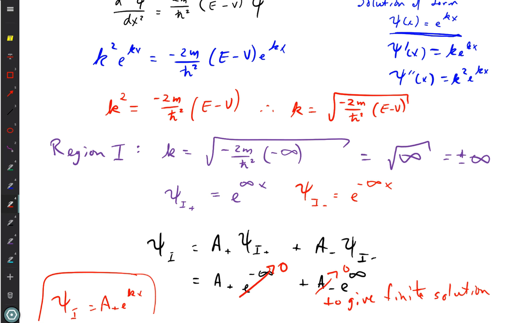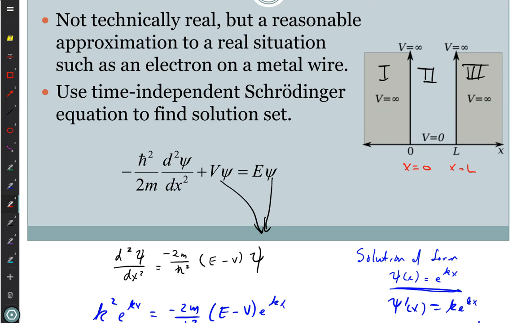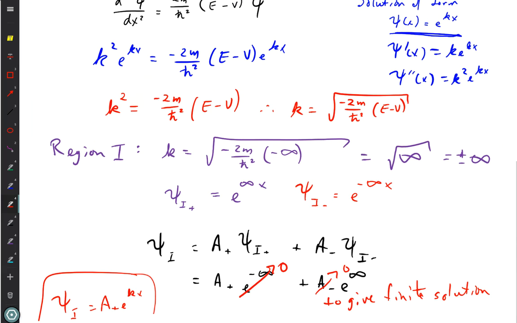So technically, I have this solution. Now let's look, if I'd gone to region 3, what's different about region 3 compared to region 1? Yes, the x's are positive, but otherwise we have basically the same rules. And so I would have ended up there with my psi for region 3, keeping for now the constant that's going to go to 0.